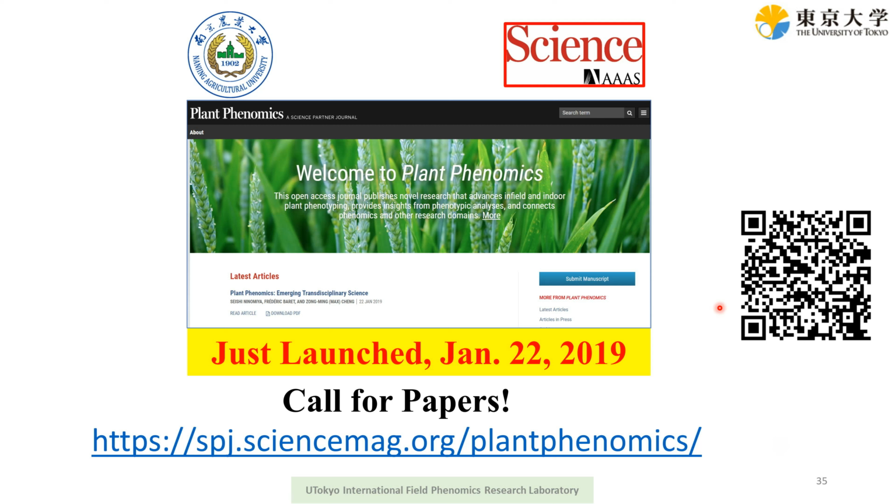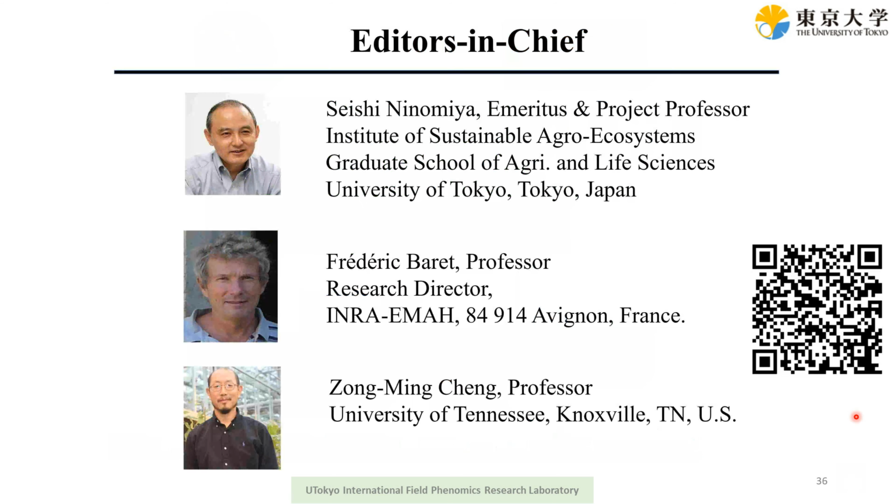You can simply scan this QR code to get more detailed information about this journal. On behalf of our editors-in-chief from Japan, France, and US, we are officially starting to call for papers from all of you. So please feel free to take a look at the website of this journal and get the detailed information from it.